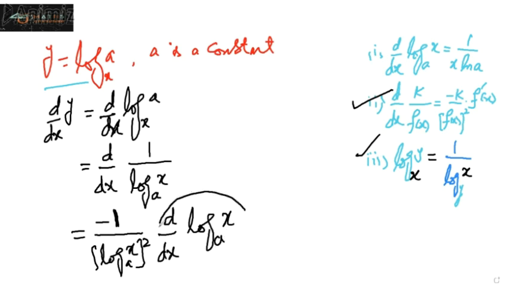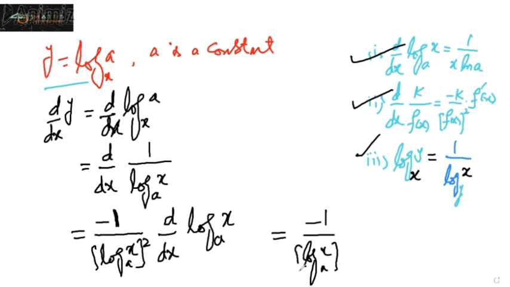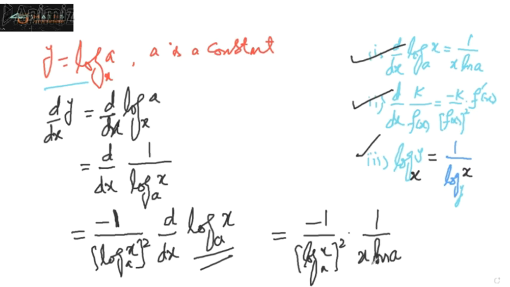For this, we will use the first rule. So this is quite clear now: the derivative is negative 1 over log of x to the base a squared, into the derivative of this function, which is 1 upon x along with natural log of the constant involved in the base.